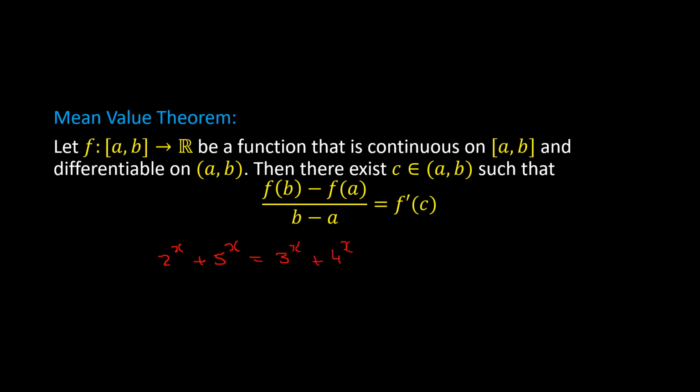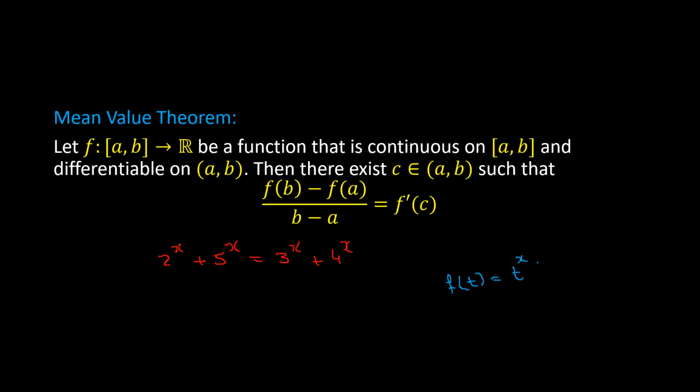To show that, we treat x to be a constant, and 2, 5, 3 and 4 we treat as the inputs of a function, that is, as numbers. So let's say we define a function f of t equals t raised to power x.